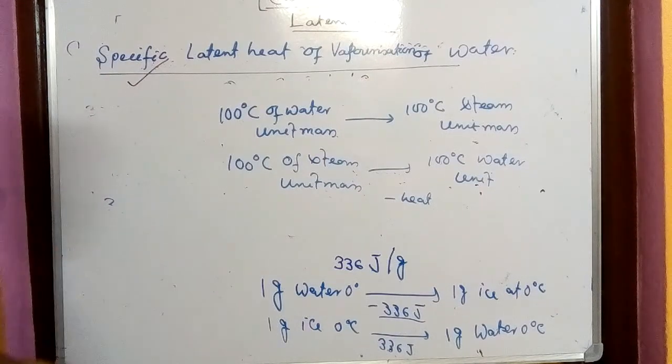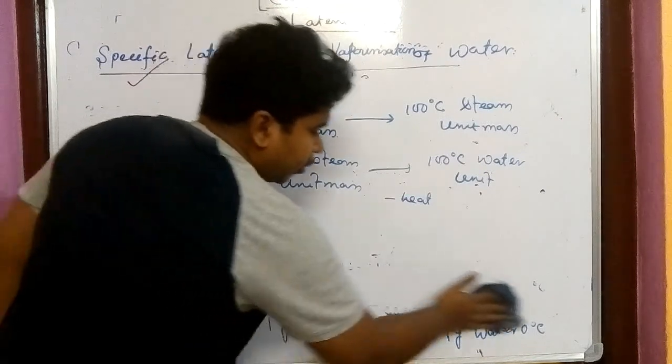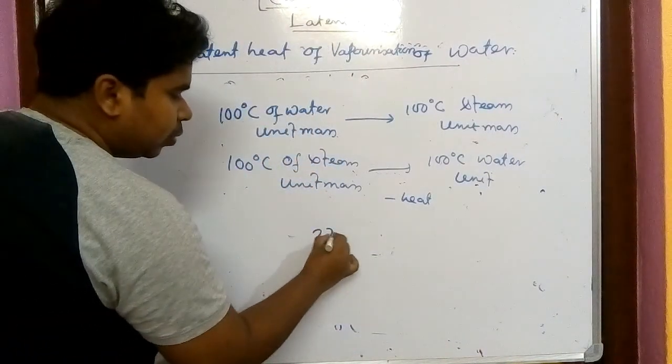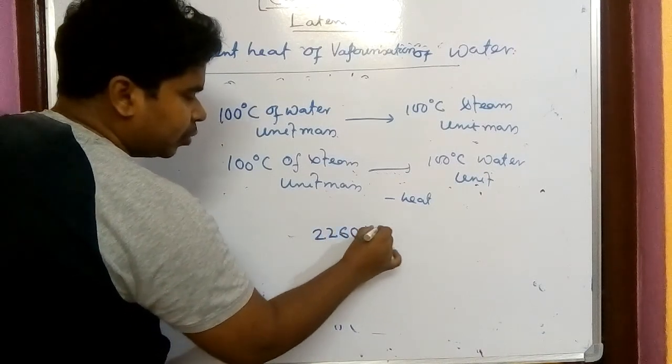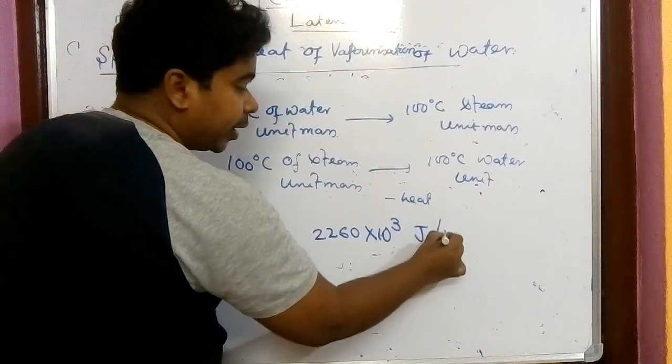Now what should be its value? If I am going by the SI unit, its value is 2260 into 10 to the power 3 joule per kg.